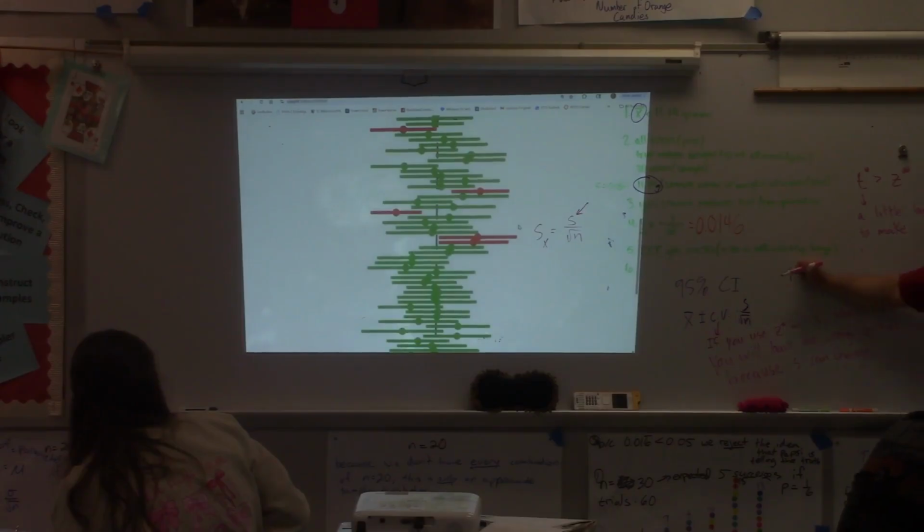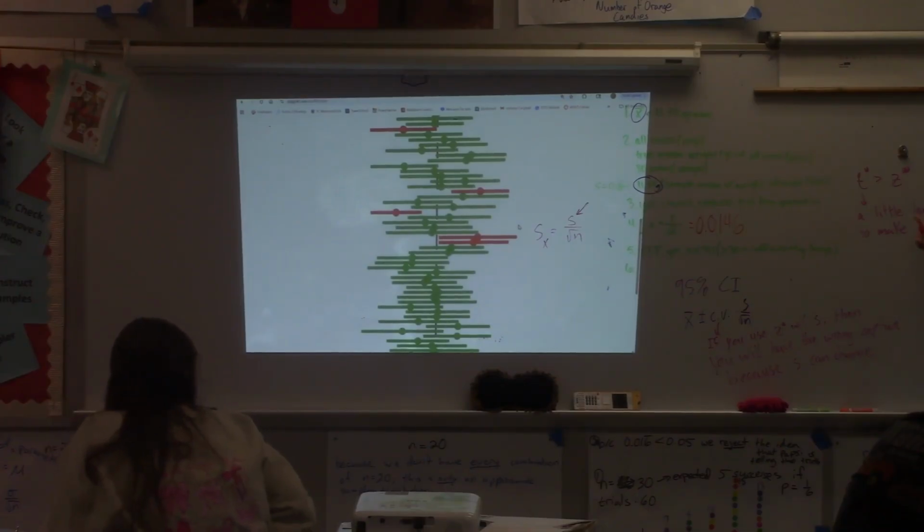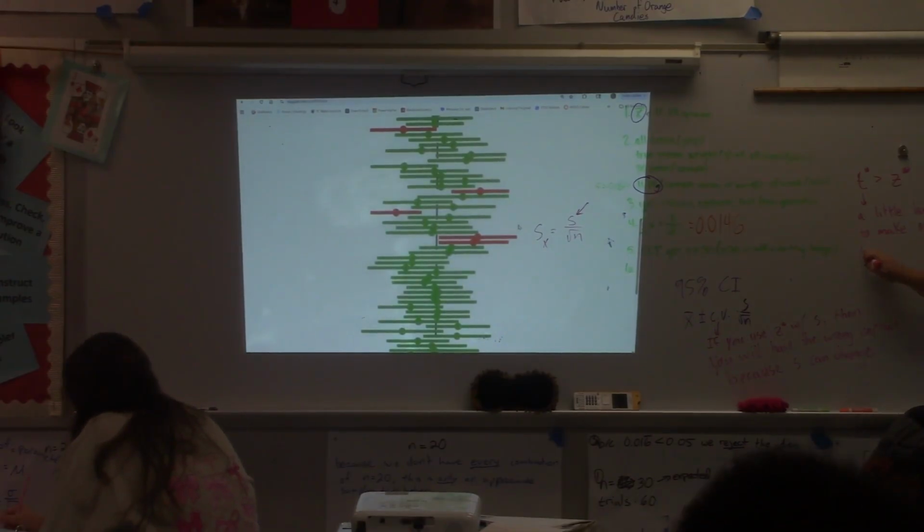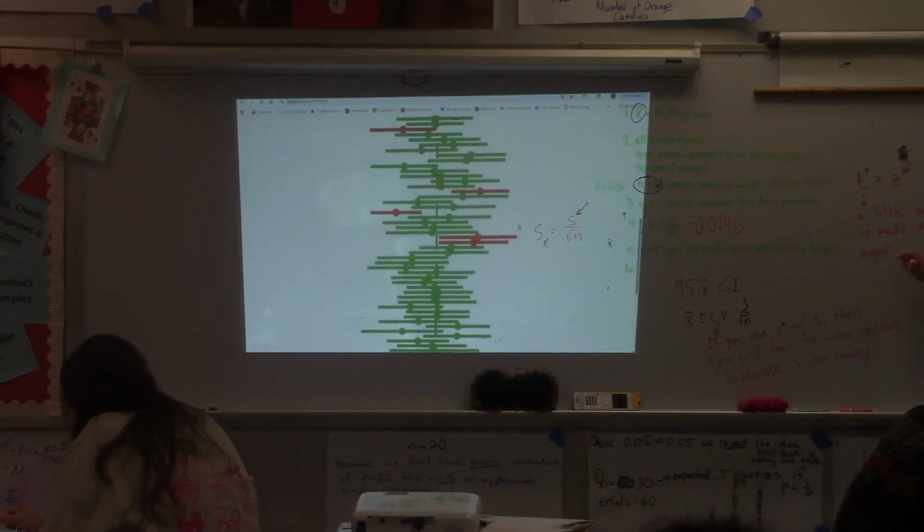Yeah, the margin of error, right? It's not going to change the standard error, but if we make the critical value a little larger, we're going to make the margin of error larger, and get the correct capture rate.